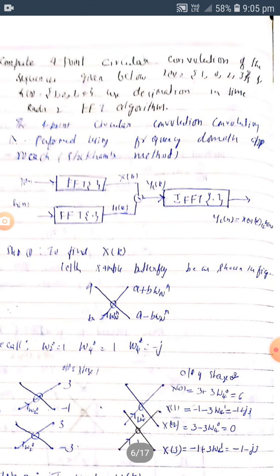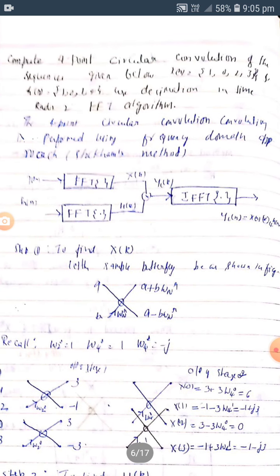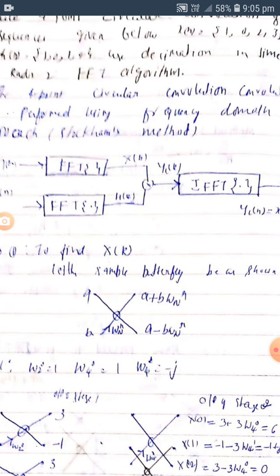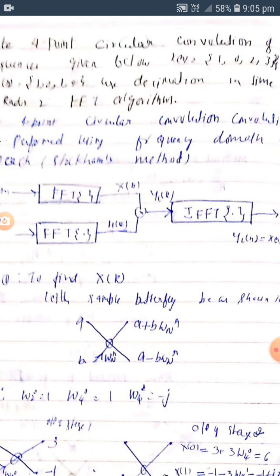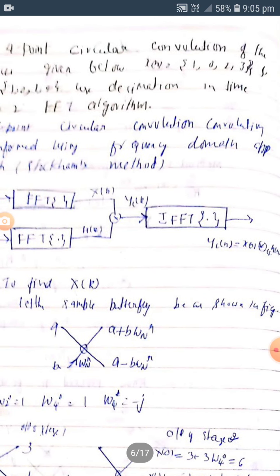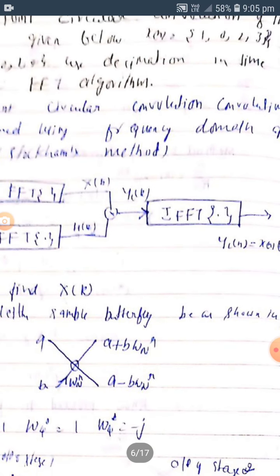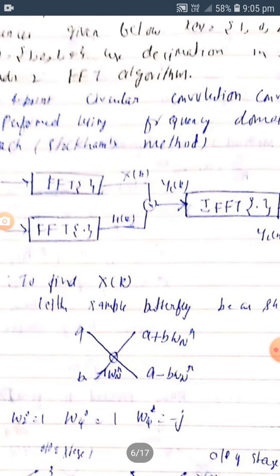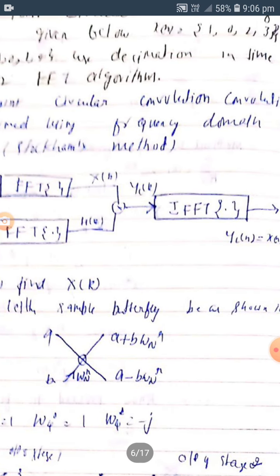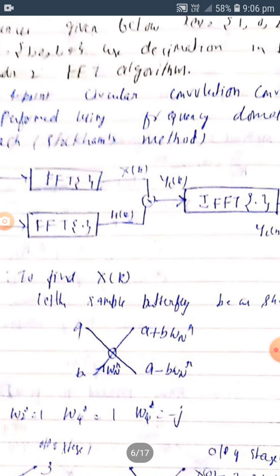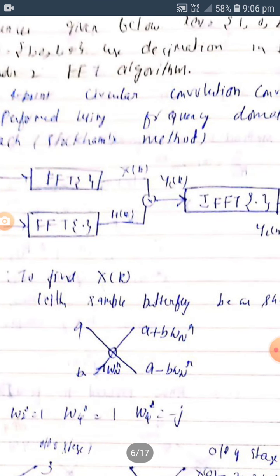Compute the 4-point circular convolution of the sequences x of n is equal to 1 1 0 1 1, and h of n is equal to 1 0 1 1. So use the DIT algorithm. Now let us look into this.